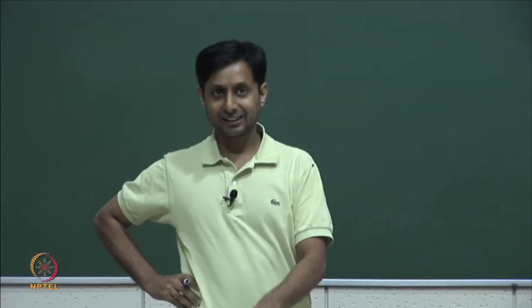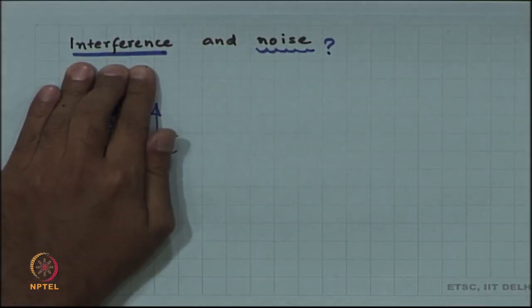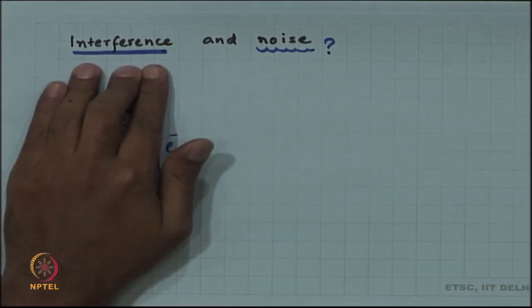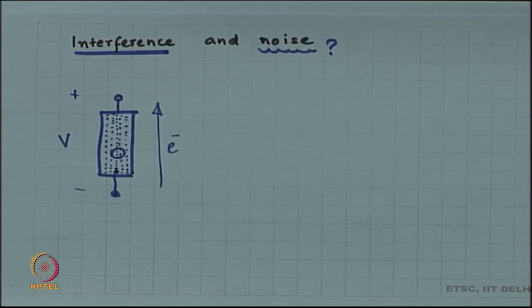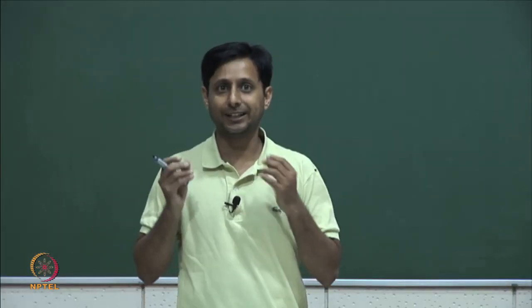So, there is a very subtle difference between interference and noise. Interference is anything man made, a legitimate communication going on. Whatever the microphone is picking up is signal plus interference, but inside the microphone there is a resistor, and that resistor is generating noise.